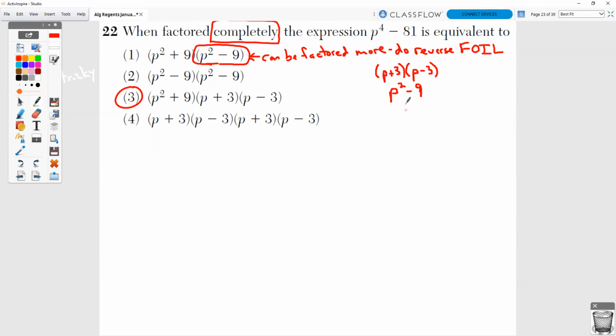P squared minus 9 can really be broken down to be p plus 3 times p minus 3. So that word completely is super important. Technically, if we did FOIL here, you would get p to the 4th minus 81. That's equal to it, but it's not factored completely. So therefore, choice number 3 would be correct.